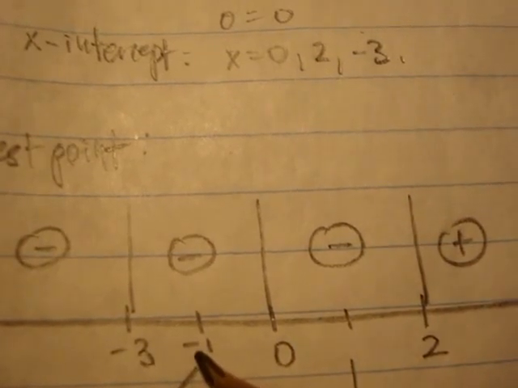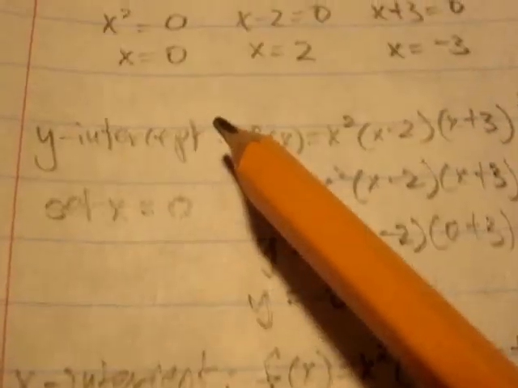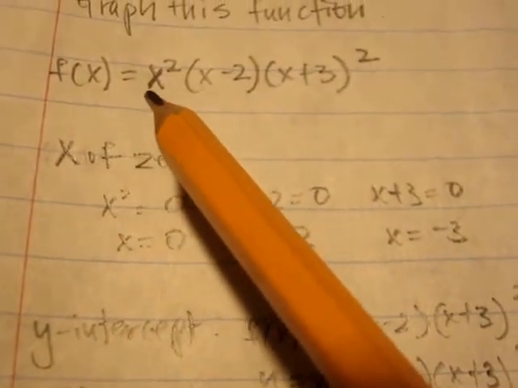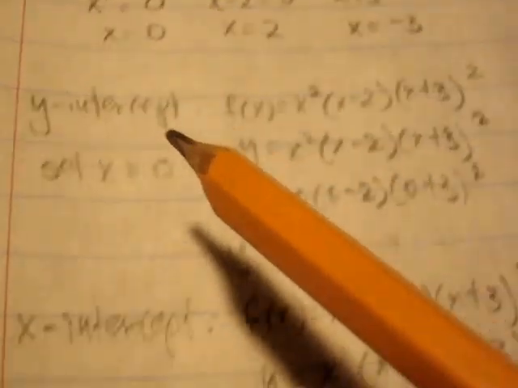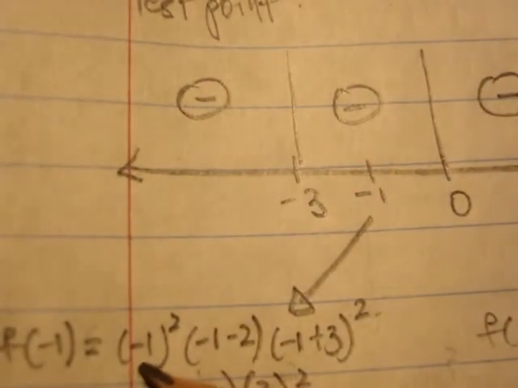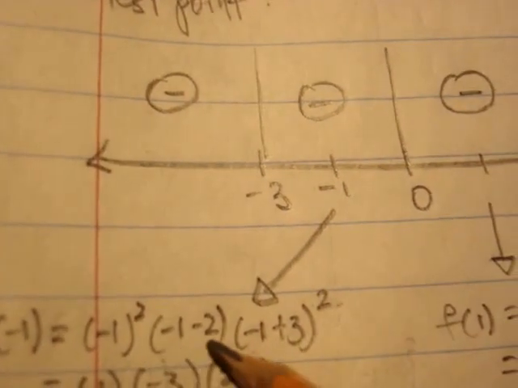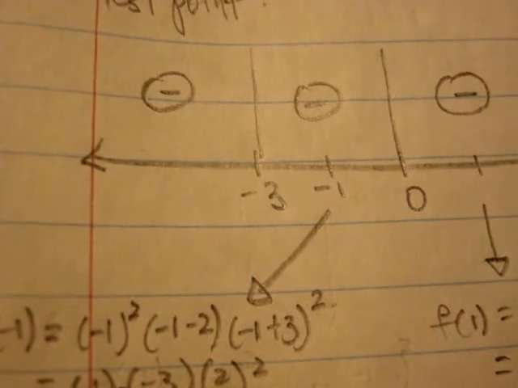So you use the negative 1 and plug it back into the original function, f(x), the whole thing right here. Everywhere that you see an x, you put negative 1. And then you solve for it.